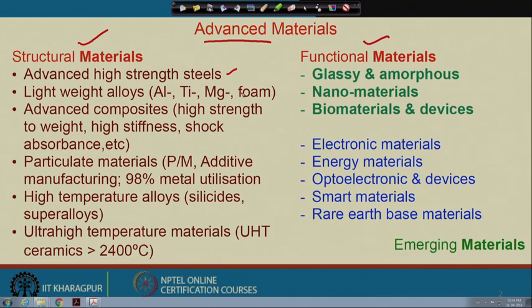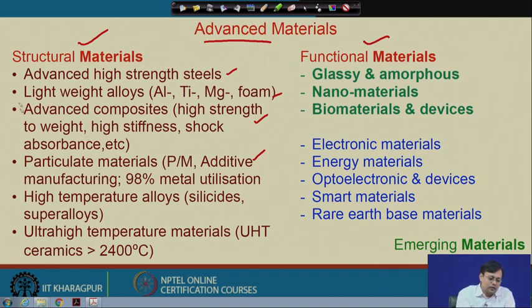high strength steel. Even though steel has been discovered quite a long time ago, these steels are not the mild steel or low carbon steels, but alloyed steel for advanced and very high strength applications. Lightweight alloys, advanced composites, particulate materials, or mostly the powders which are processed using powder metallurgy technique.